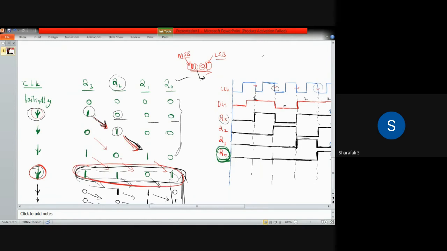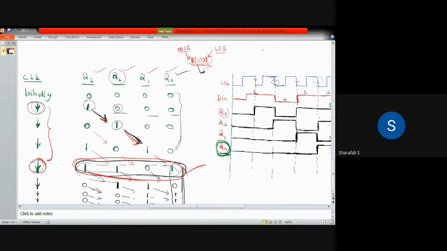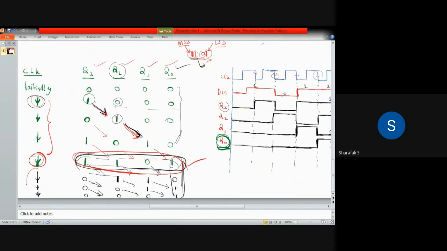This is the same because we are using serial input. So we require these first four clock pulses to store the data first. So 1101 will be stored in Q3, Q2, Q1, Q0 for the case of serial input and parallel output. So that is the same.